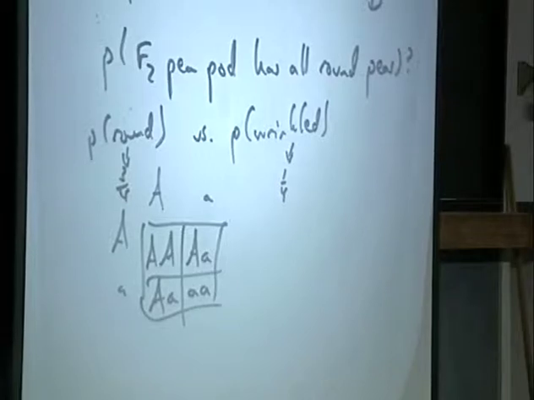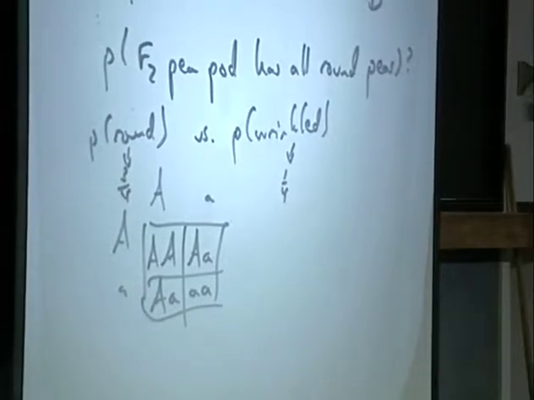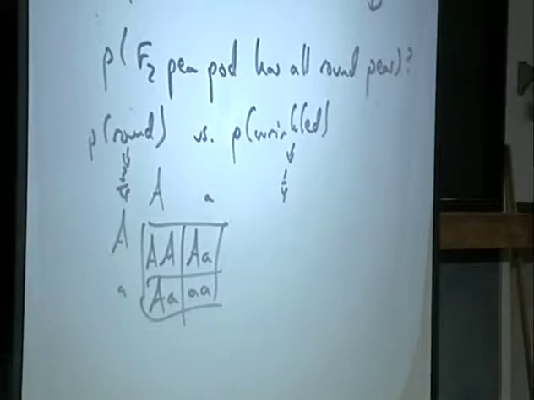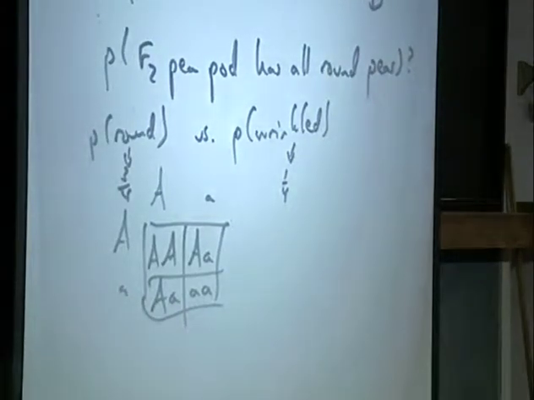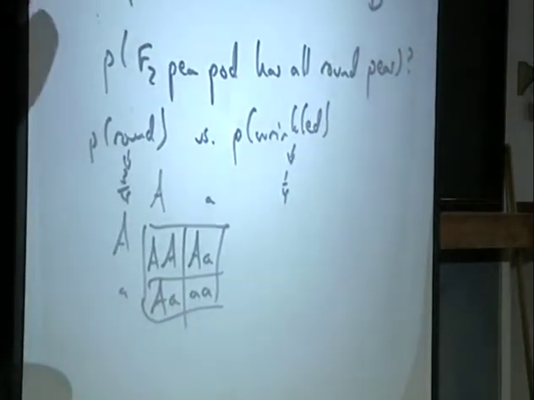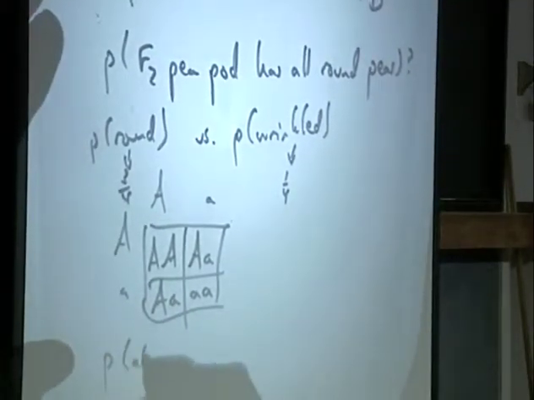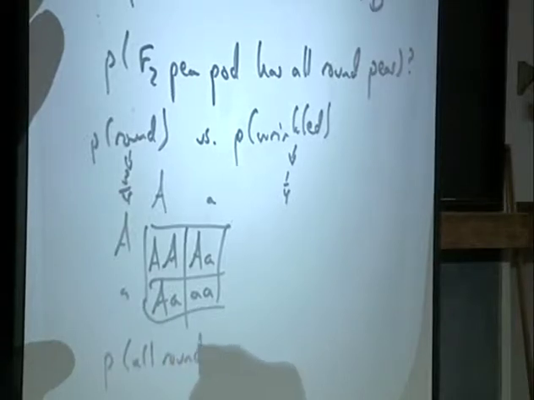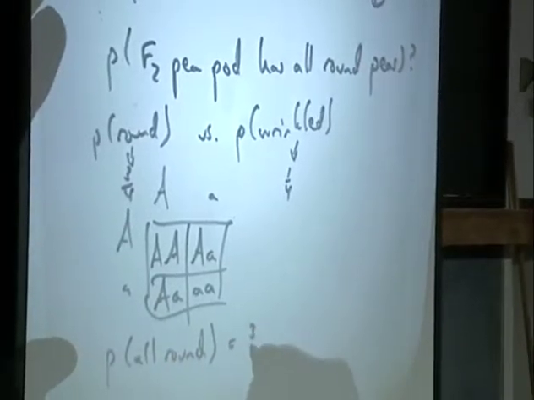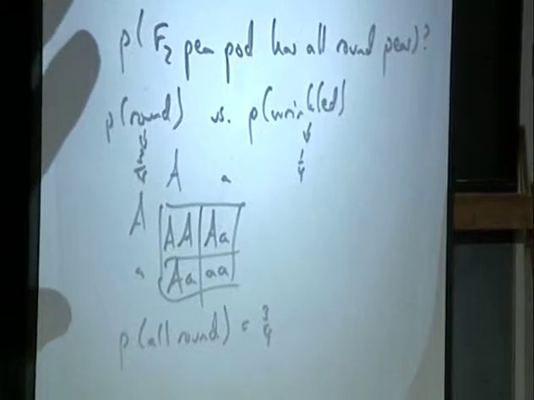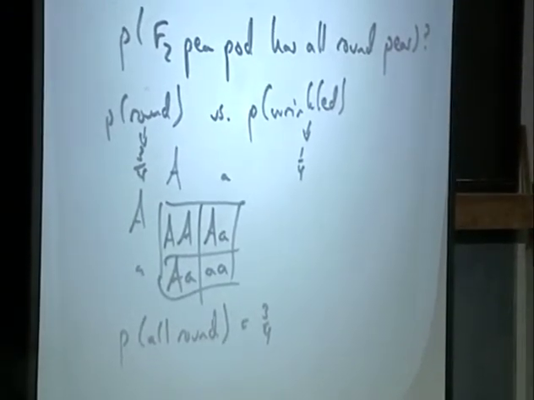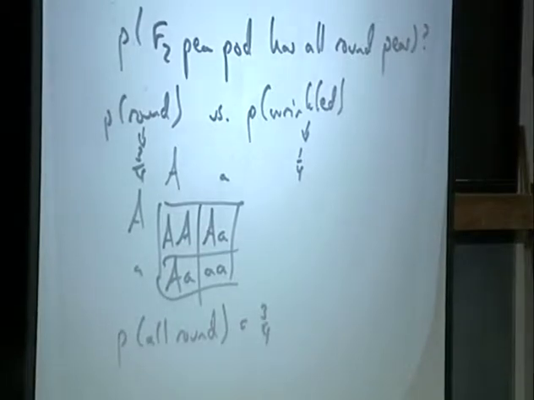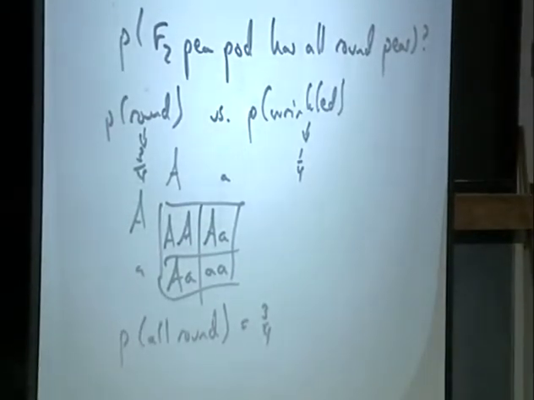Now each of these peas in the pod are independent events, because of the way the segregation occurs. So if you have 7 peas and you want them all to be round, then the probability of that is just all of the individual probabilities multiplied together. You're using the AND rule. So it's the probability of having a round times the probability of the next one being round times the probability of the next one being round.